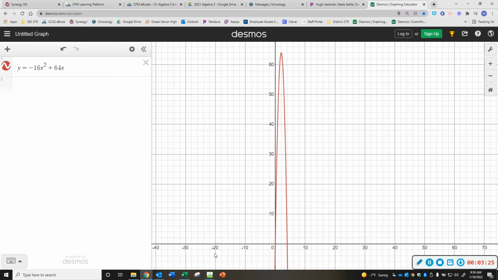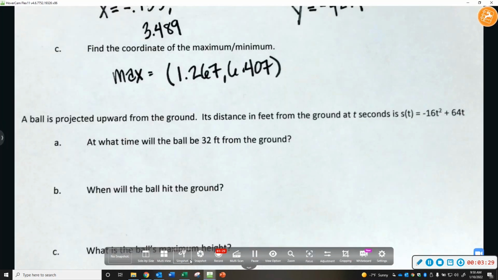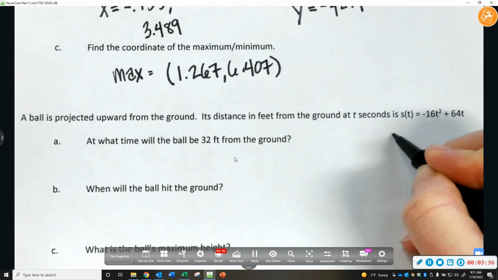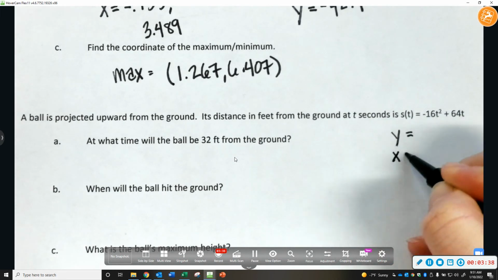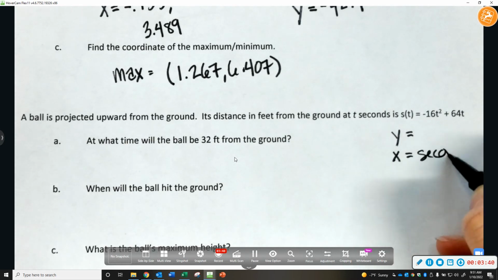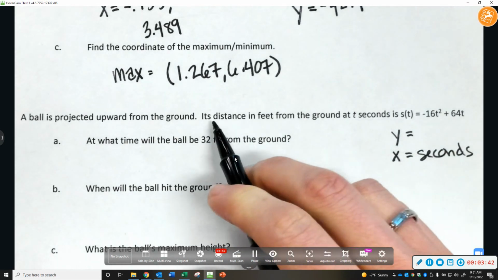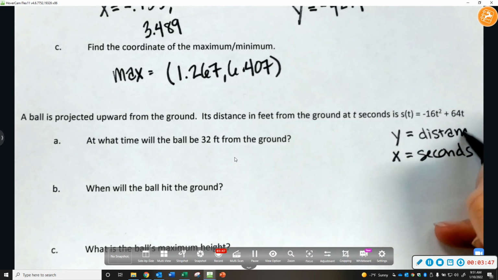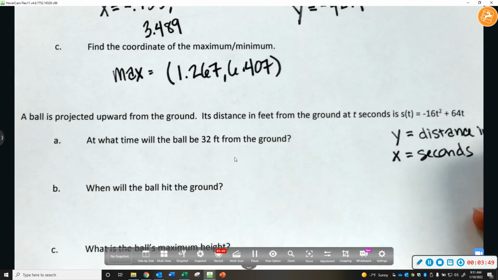And then it says, at what time will the ball be 32 feet from the ground? So, t seconds. So here's my y and my x. My x is seconds, and my y is distance in feet.